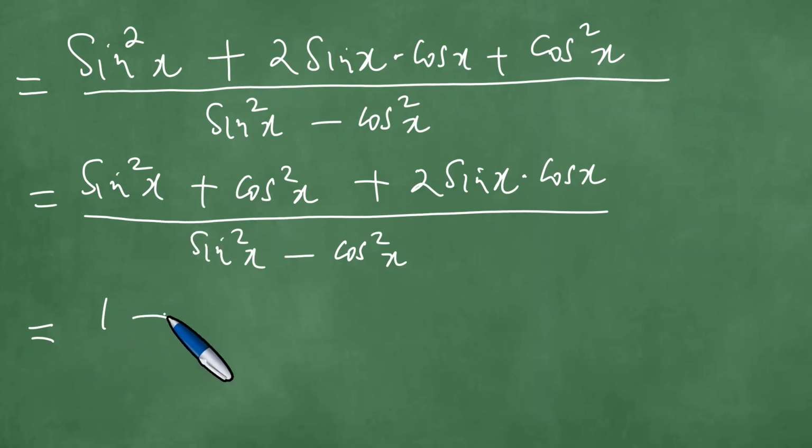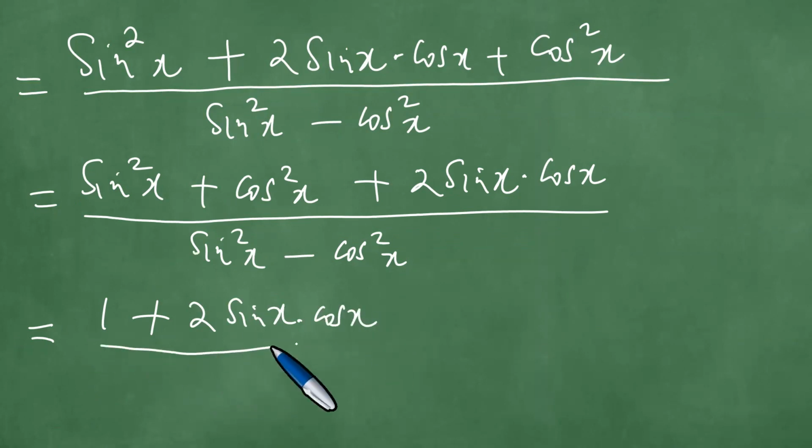So this is 1 added to 2 sine x times cosine x, and we divide everything by sine squared minus cosine squared.